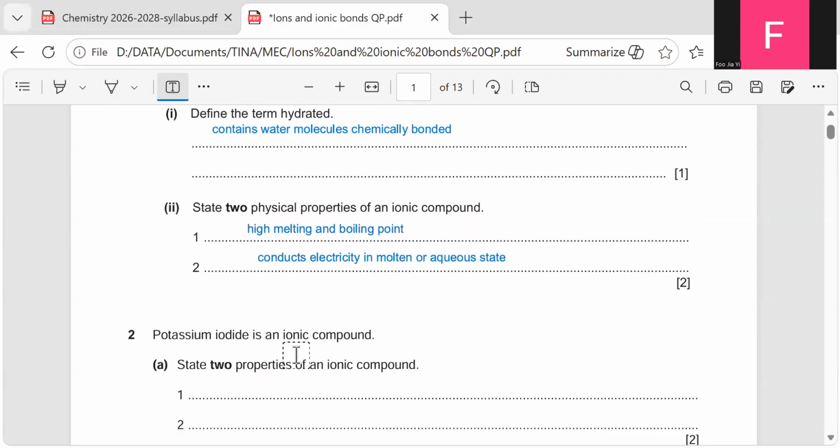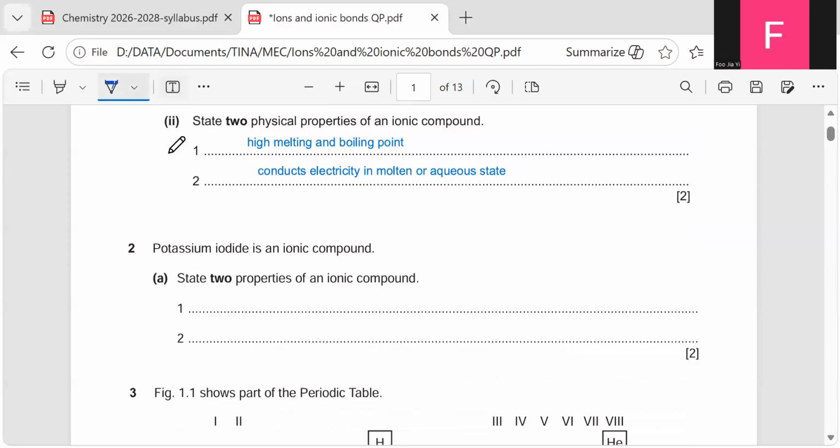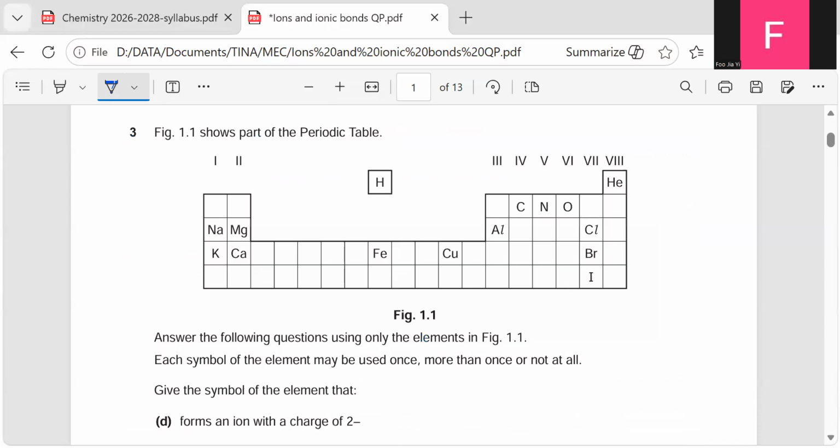Okay, so this one, same thing. Alright. This shows a periodic table. Okay, think of this for a while.